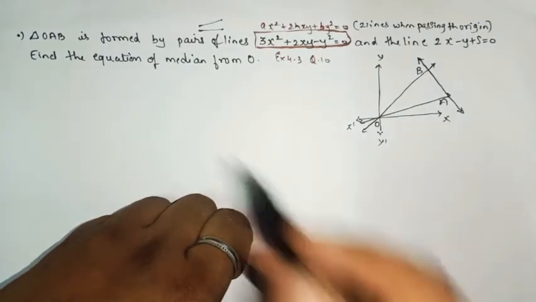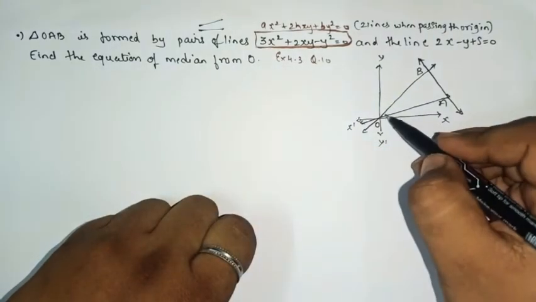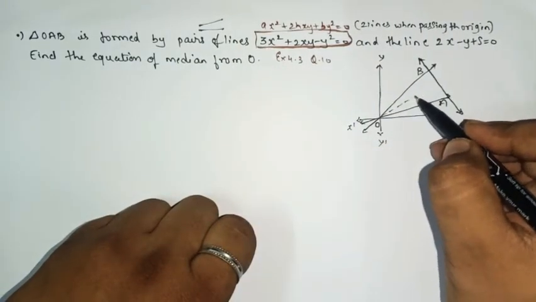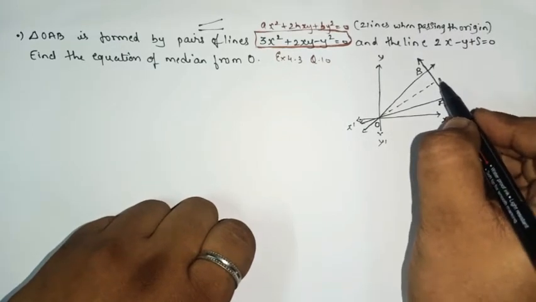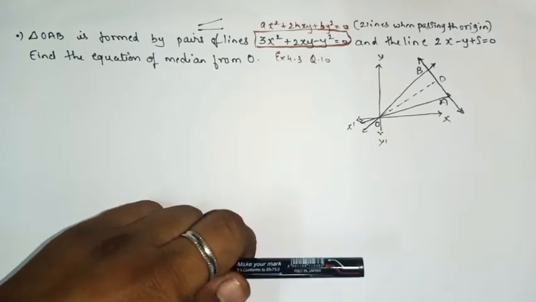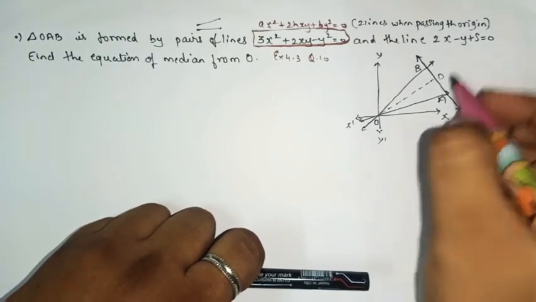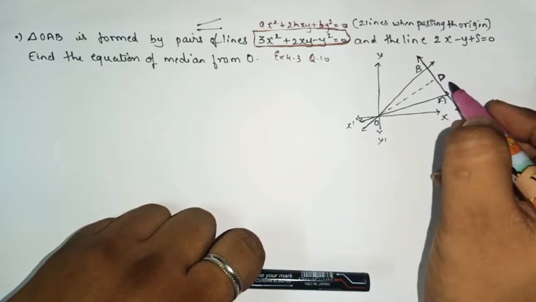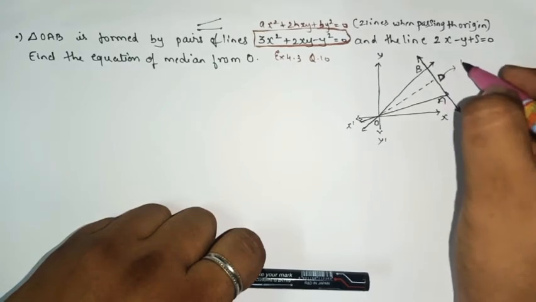Understood? After this, we have to find the equation of the median from O. So we'll draw the median from O, and we'll take this point as D. So for the triangle OAB, OD is the median, so directly or indirectly we can say D is what?